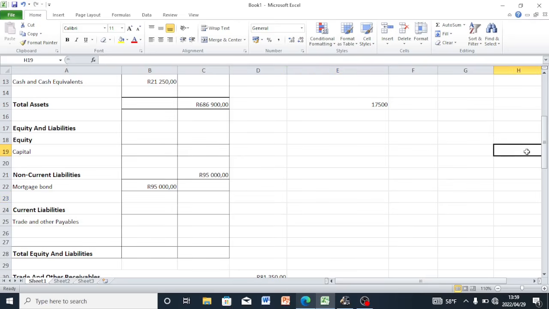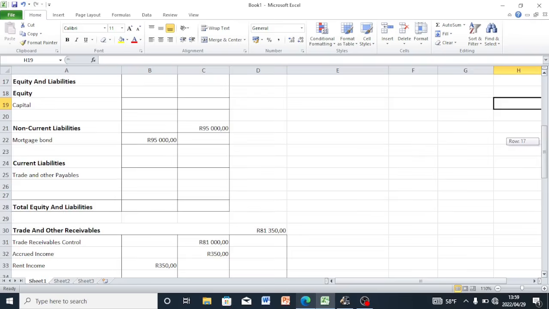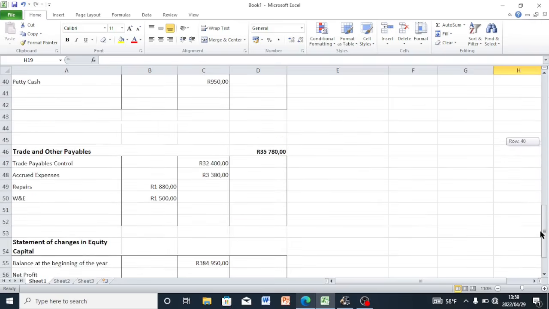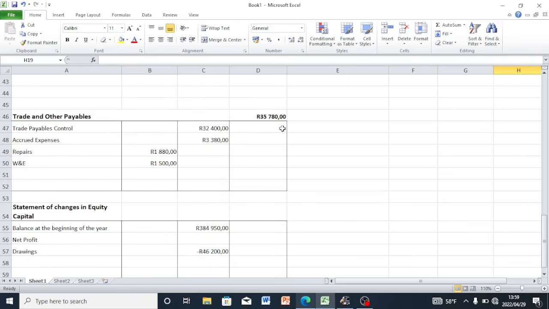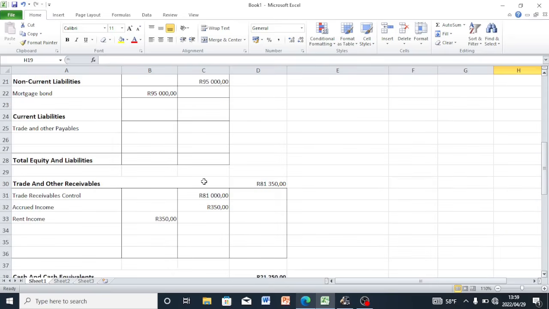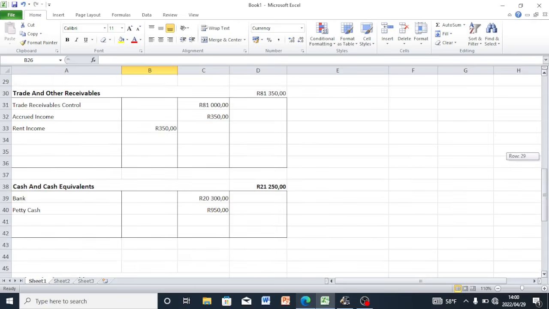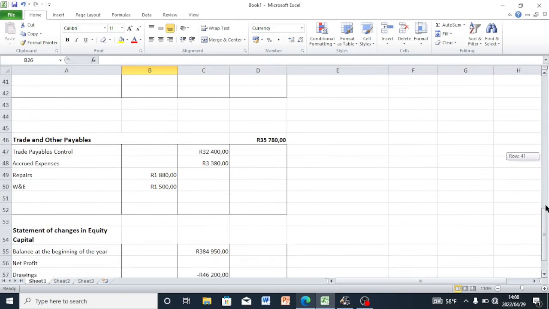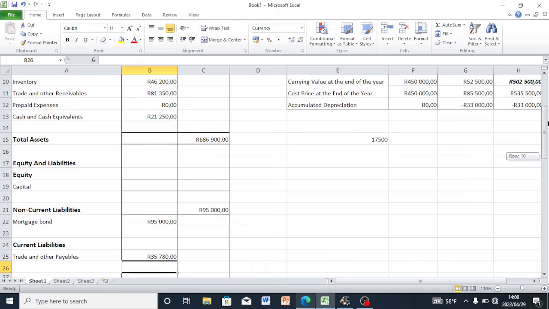We all know that we have already dealt with our trade and other payables, which is this amount, 35,780. We are done because we don't have any income received in advance.